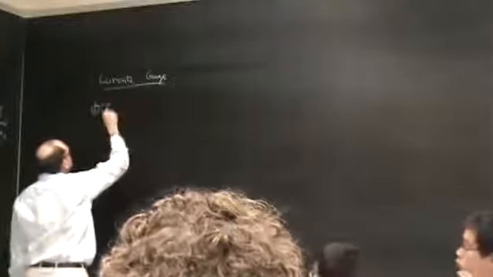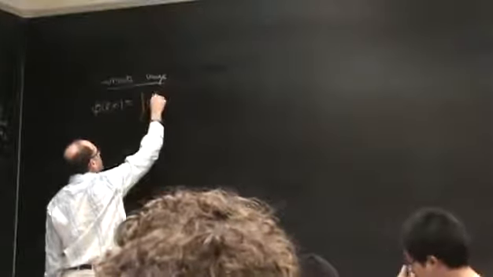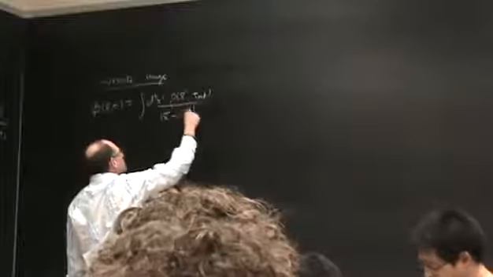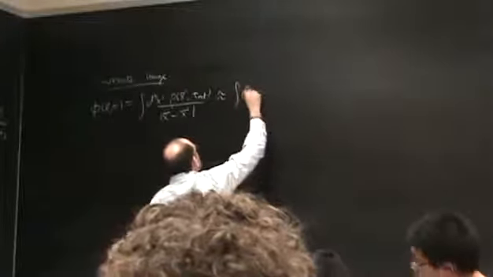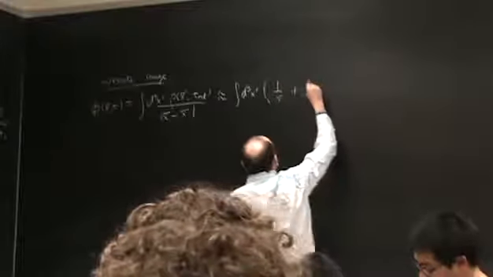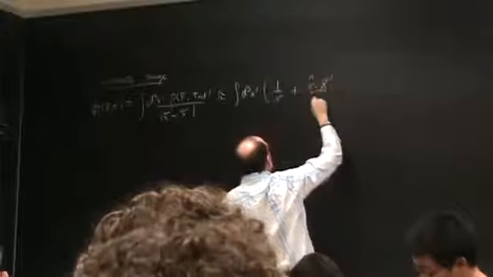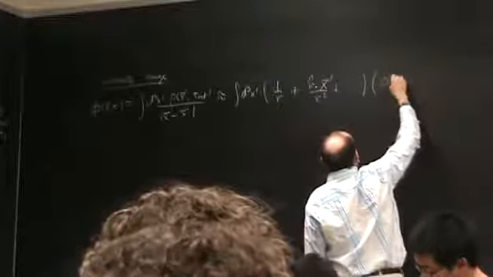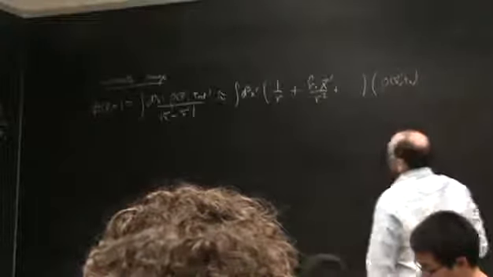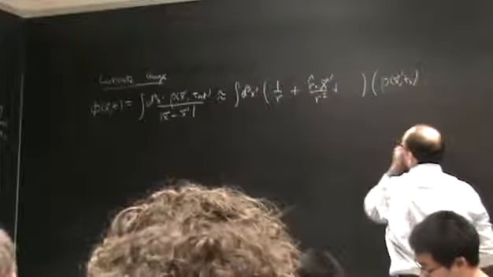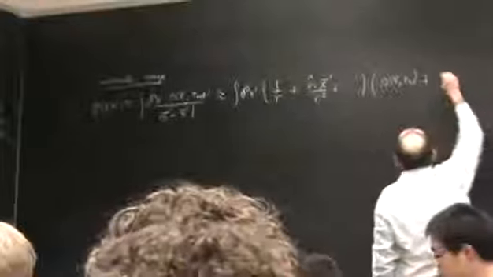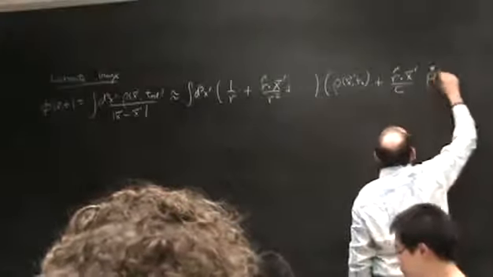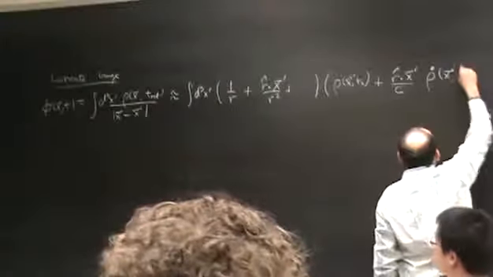The scalar potential, which has the exact expression as such, is approximately equal to that plus the source evaluated at x prime at the retarded time from the origin plus r hat dotted into x prime over c, the time derivative of the charge density evaluated at that time.